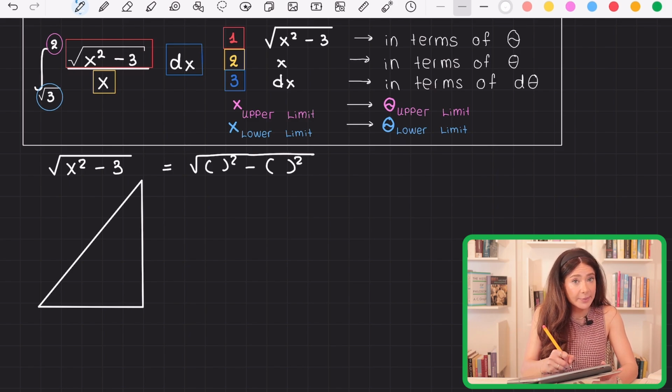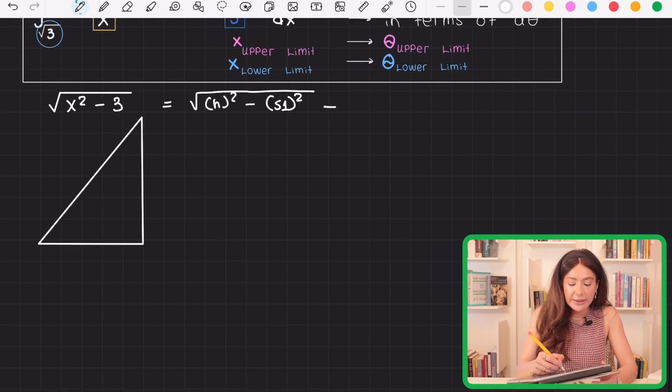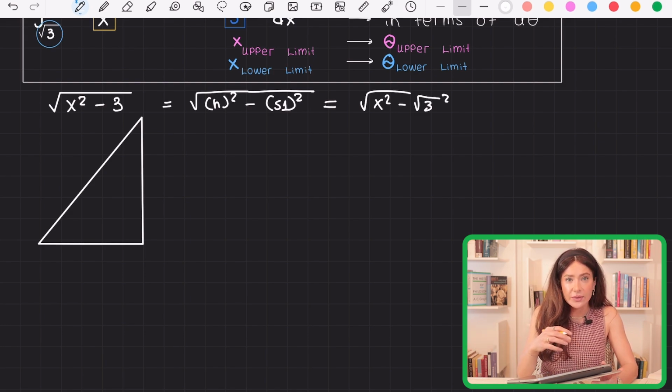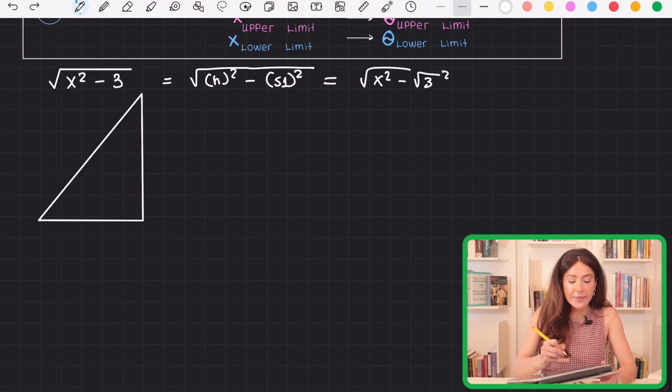And that looks like the Pythagorean theorem. So this is a hypotenuse squared and one of the other sides squared, okay? So then you rewrite this as x squared minus square root of 3 squared, which will give you 3. So don't think that one of the sides is 3. No, if this was 9, one of the sides would be 3. If that's 3, then one of the sides is square root of 3, okay?